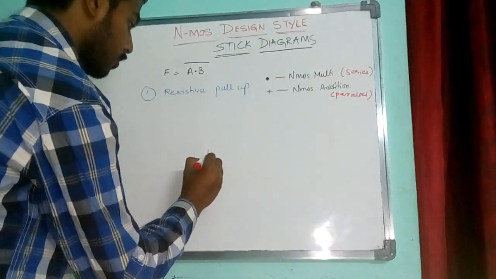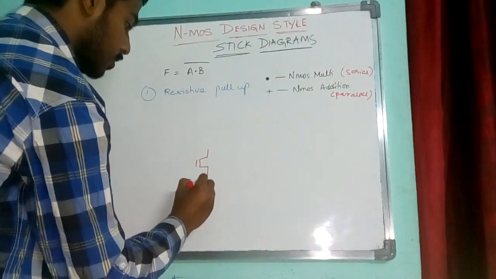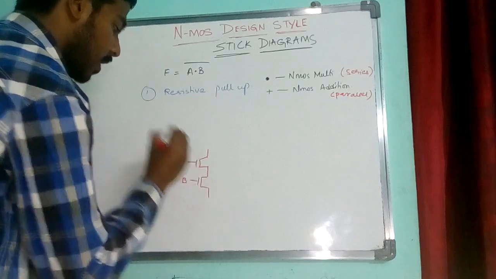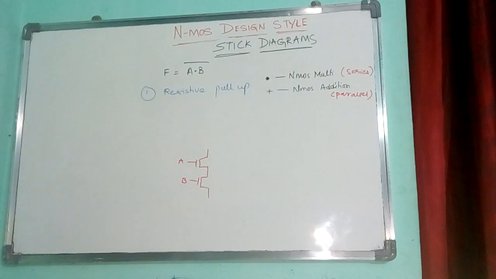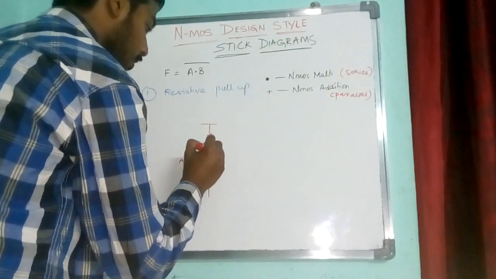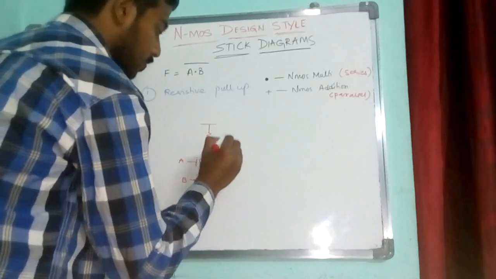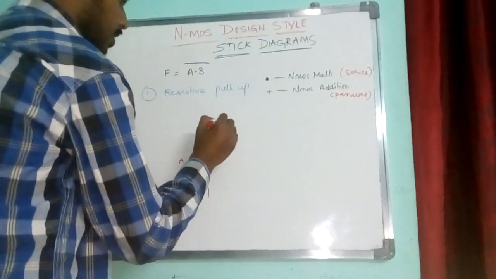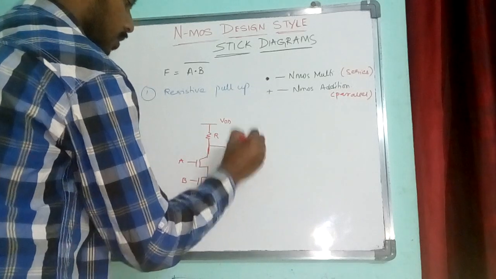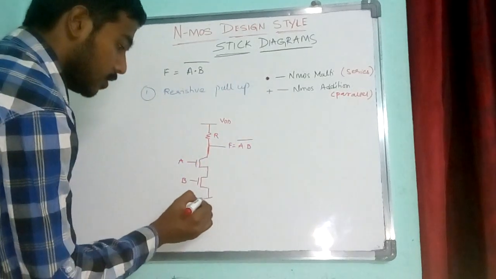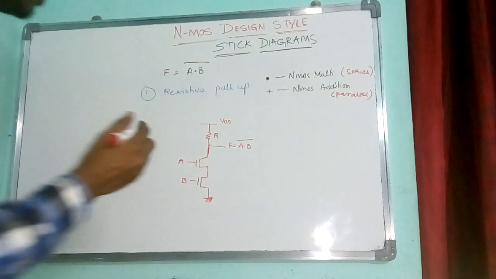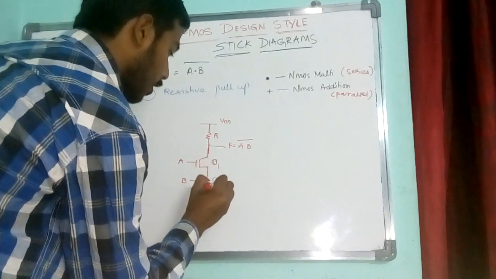Now I have my Nmos in series, and I have given the inputs A and B. In order to get my output, I am using the resistive load R, where this is VDD, and the output is F equal to A dot B bar. This is the ground. These are the two transistors, Q1 and Q2.